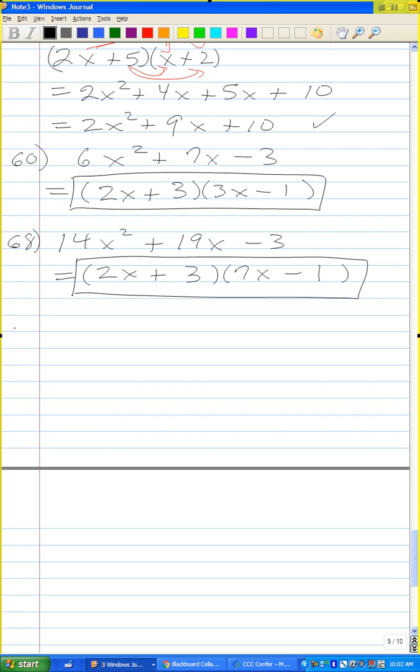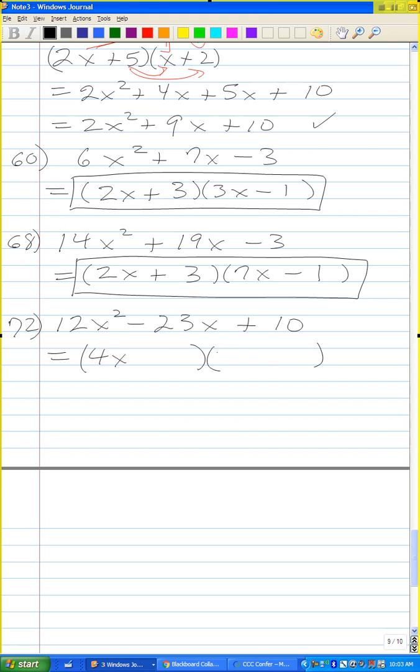Let me do problem number 72. 12x squared minus 23x plus 10. And so I want to find two quantities that multiply out to 12x squared.